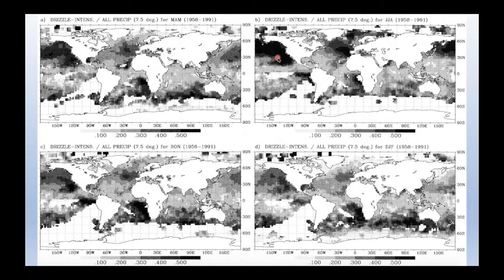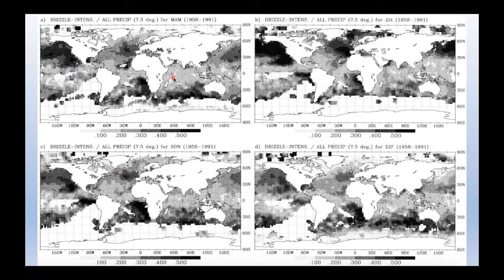About 50% of the reports of precipitation are going to be ascribed to drizzle and not to something of higher intensity like rain. And you find the high drizzle occurrence mainly in these subtropical zones and the subtropical highs off the western coasts of the continents. And that's a pretty general thing we can observe there.